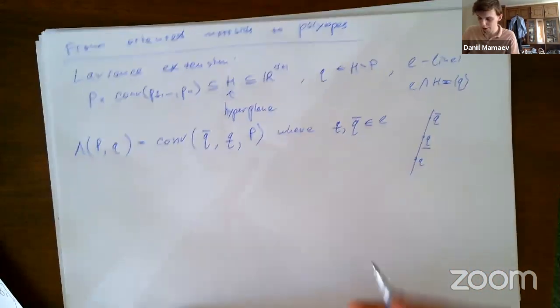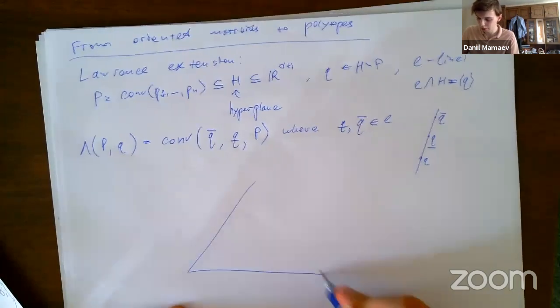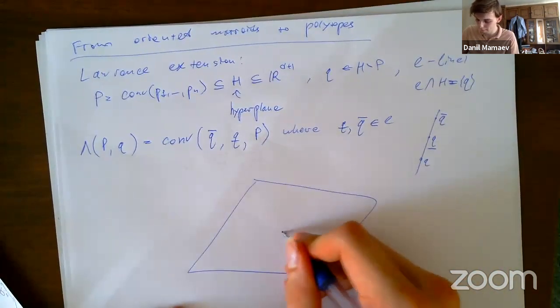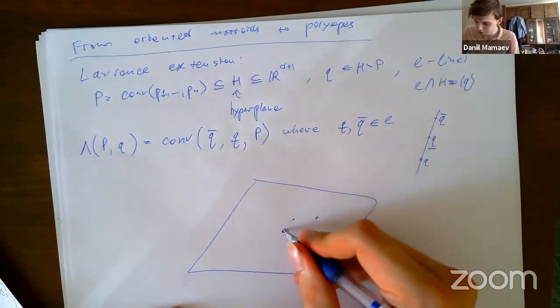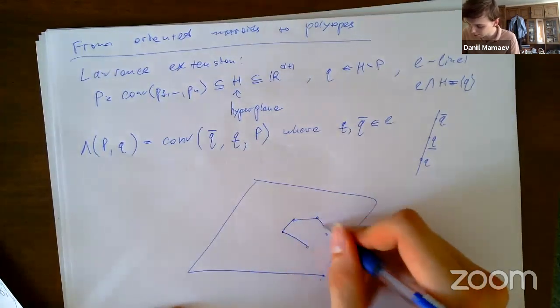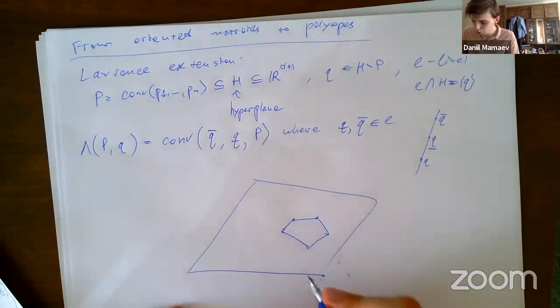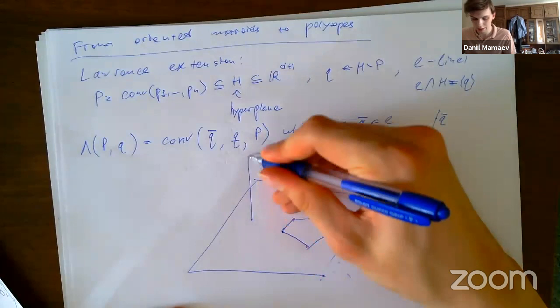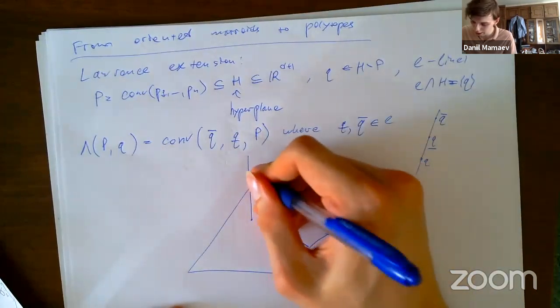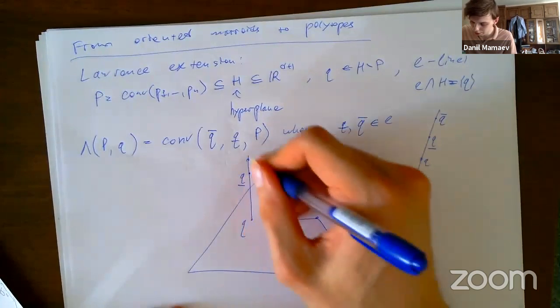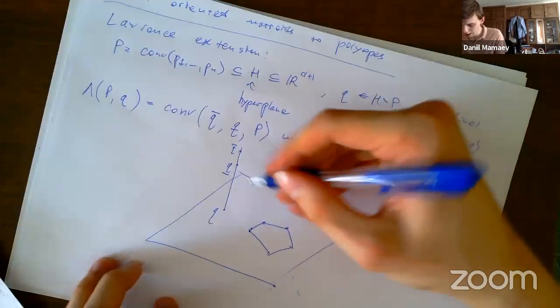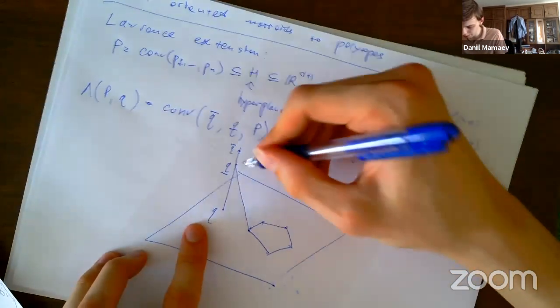So what actually happens? Suppose you have some polygon in the plane. You choose a point, you draw a line, this is the point Q. You take 2 points and you consider the convex hull of this.